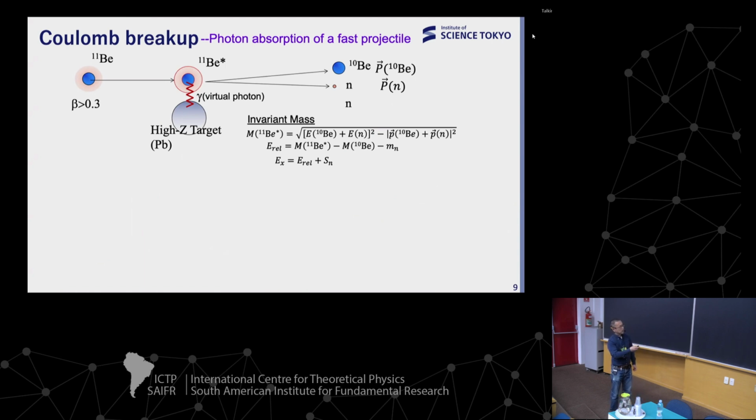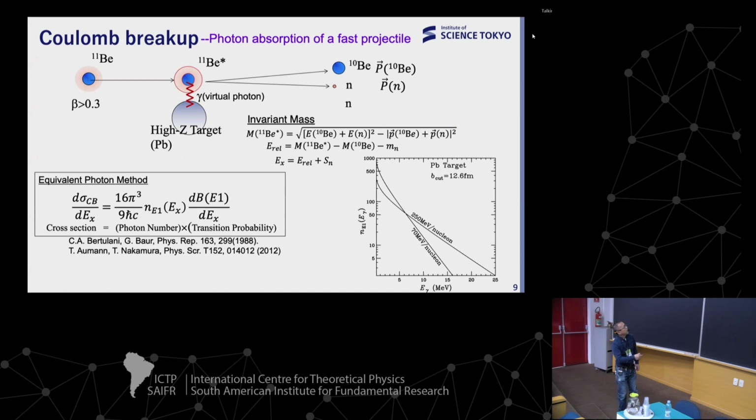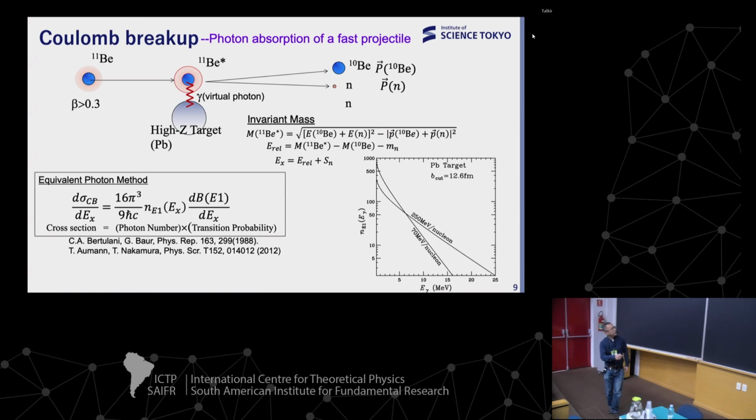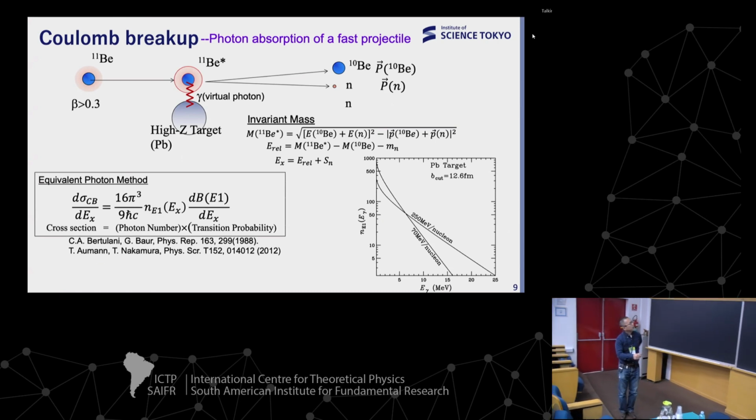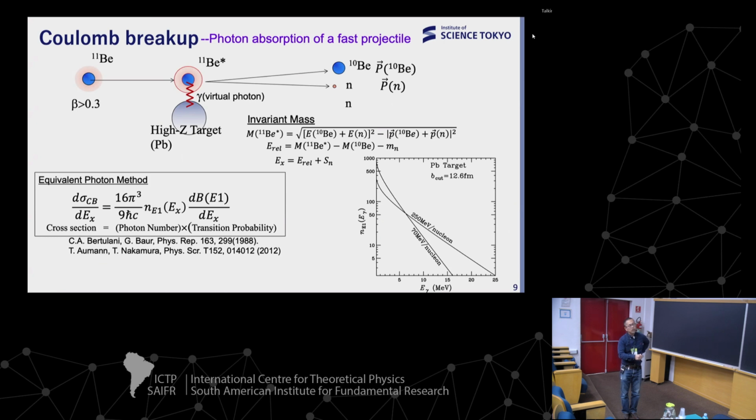That's the trick. And then we can use the so-called equivalent photon method, where this Coulomb breakup cross-section is the product of the E1 virtual photon number, N_E1, and the transition probability, dB(E1)/dEx. And this photon number can be calculated by electromagnetic dynamics.